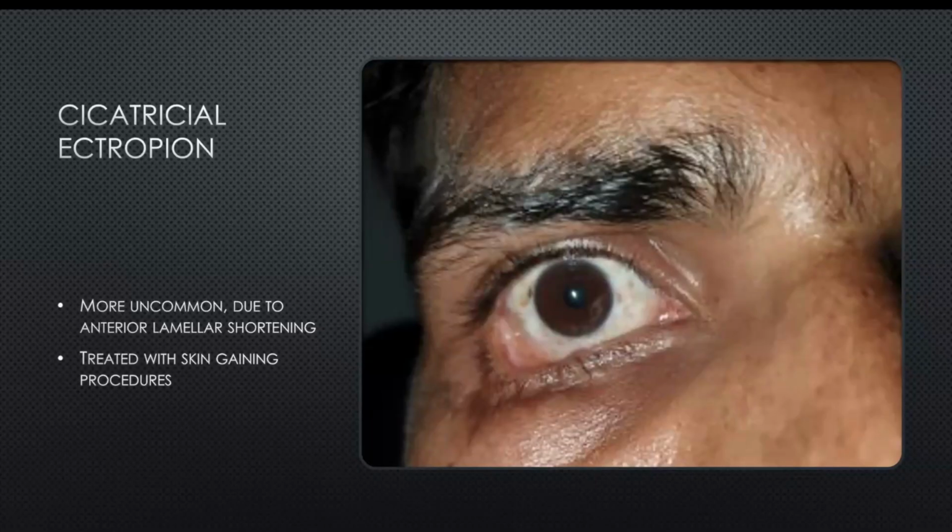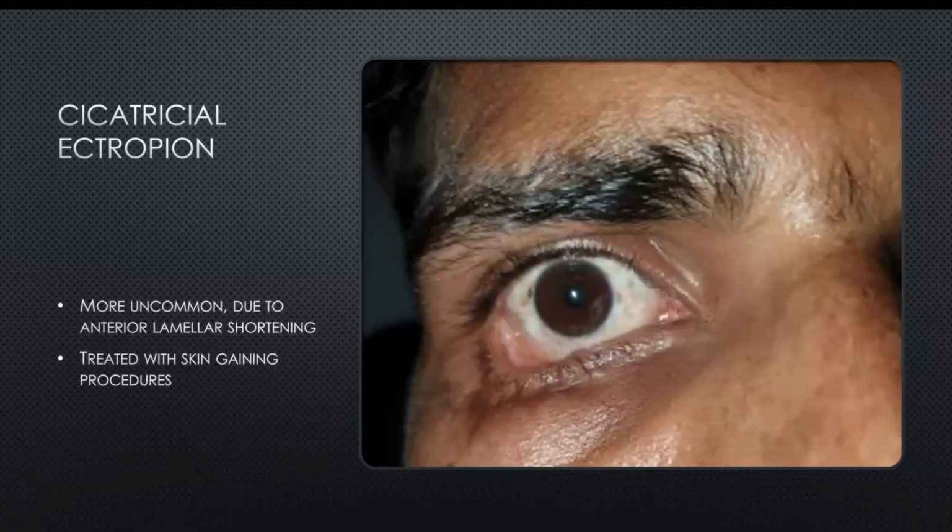And the way you can tell whether or not there's a cicatricial process is by seeing whether or not there's any movement of the cheek when you're pulling these eyelids up, as in just on the side of the eye, when you're pulling the eye up, is there any movement of the upper lip? Is there any movement of the cheek? That tells you whether or not there are forces pulling that eyelid down from the anterior lamella rather than just involutional processes.